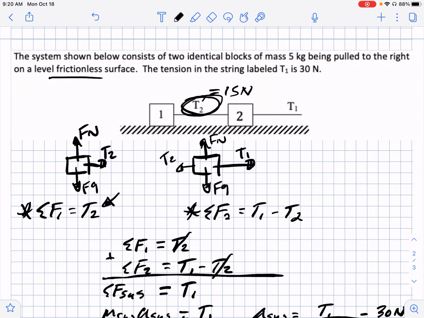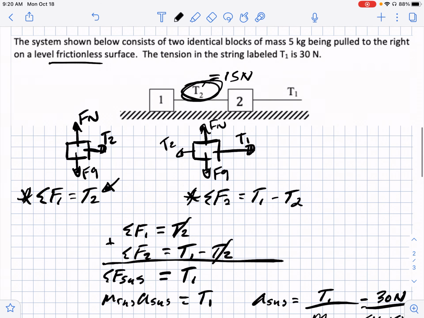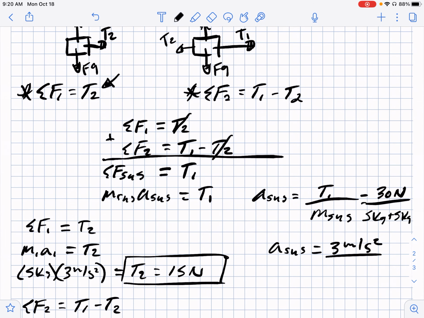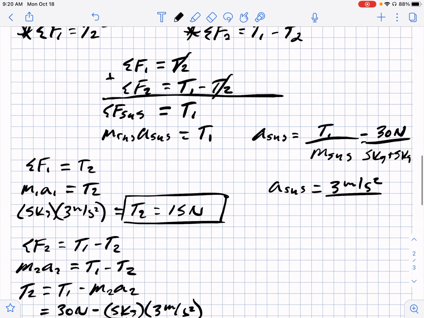Now, to sum up what we did when we're analyzing this system of two objects, we made our free body diagram for both objects, net force equation for both objects. Then we created our system of equations here for the system of the two objects by adding those together. Once we did that, we could solve for the acceleration of our system.